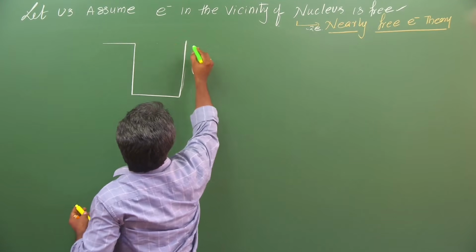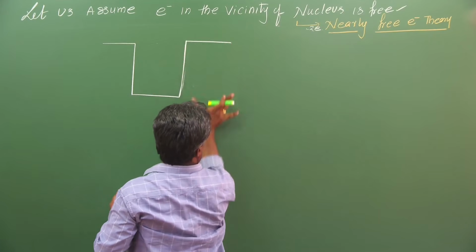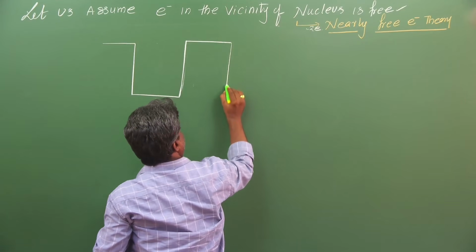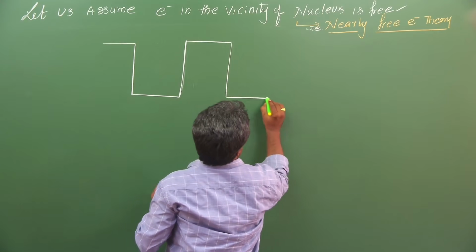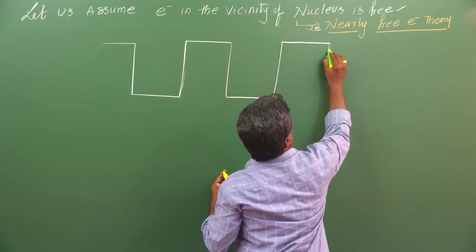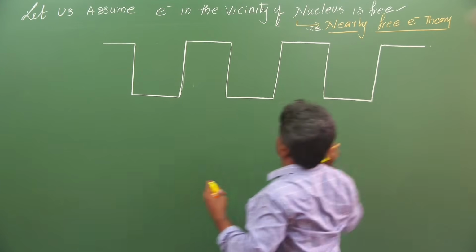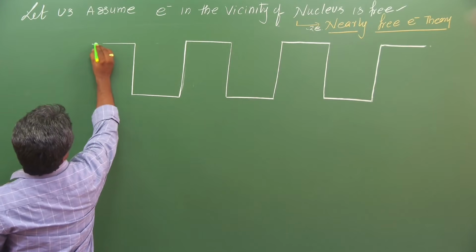Again, beyond the nucleus, I mean outside the nucleus, we have a potential barrier, and again a potential well in the nucleus vicinity, then potential barrier, well, something like this. It keeps on varying.